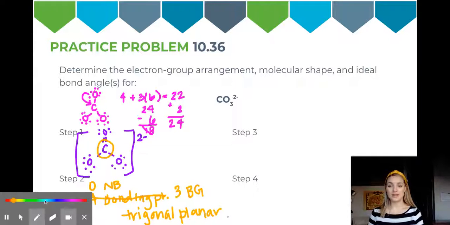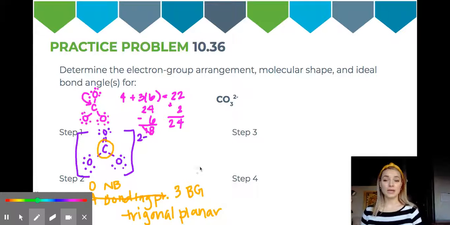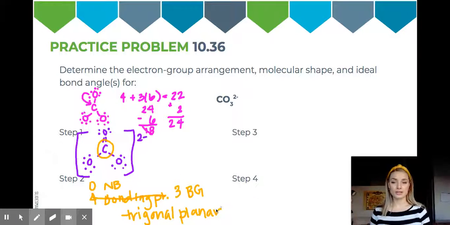So now that we have identified our electron group arrangement, in step 3 we can talk about our ideal bond angle.